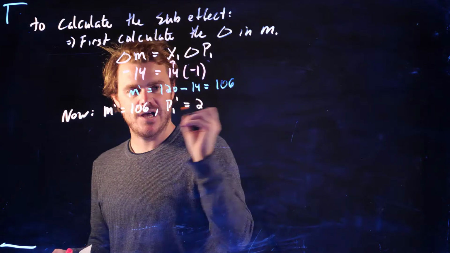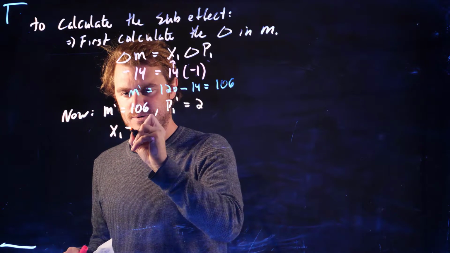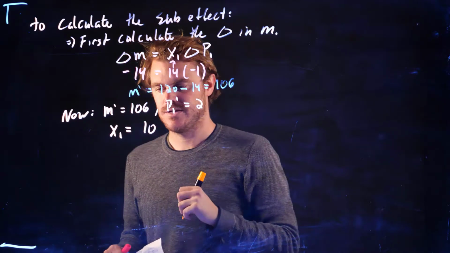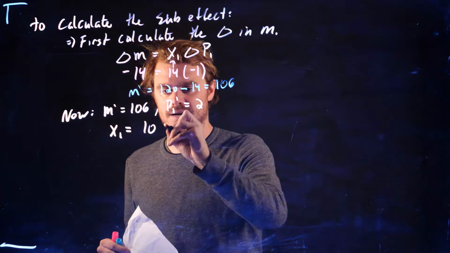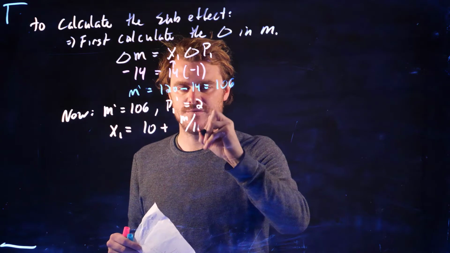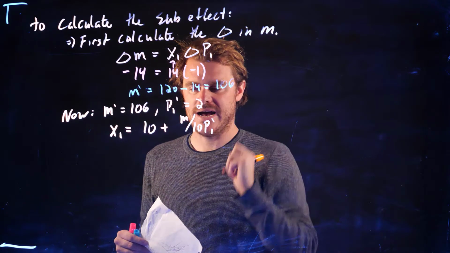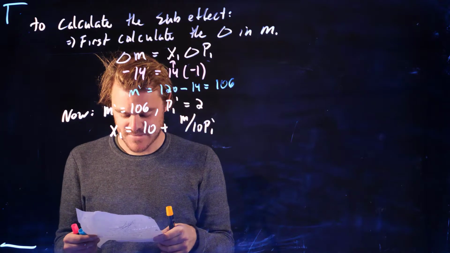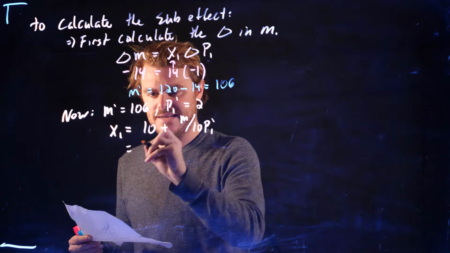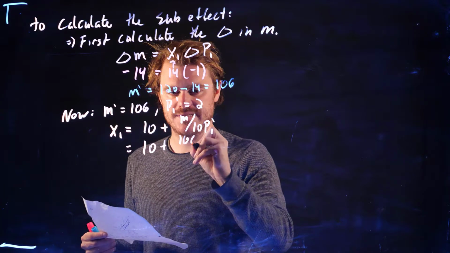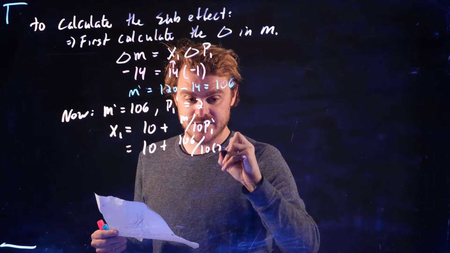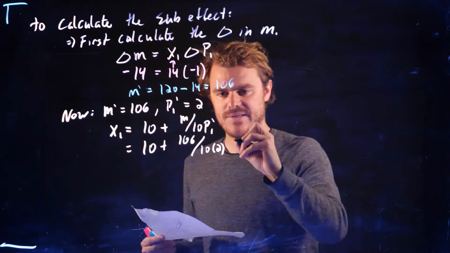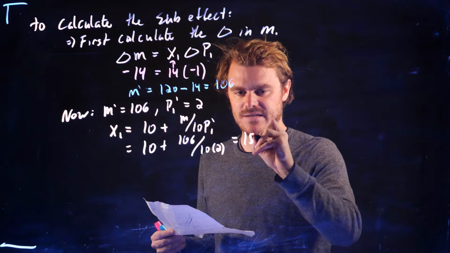And we can plug that into the demand function, whatever that may be. In this example, it's 10 plus m over 10 p1, and now it's going to be p1 prime. So we plug that in: 10 plus 106 over 10 times 2. That's going to be equal to 15.3.